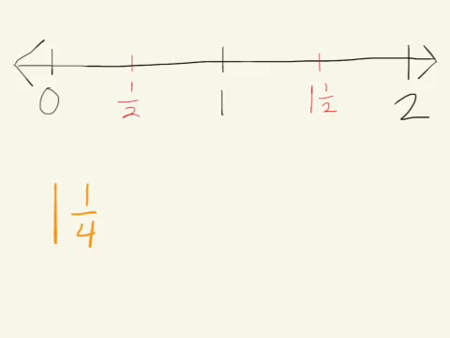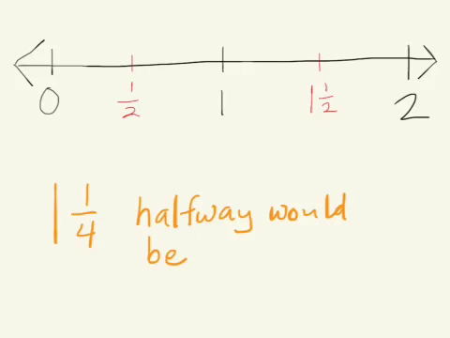So maybe I need to figure out what the halfway point would be in the language of fourths. So let's see. Halfway would be, now we have to ask ourselves, how many fourths would be half? Well, what's half of 4? 2.